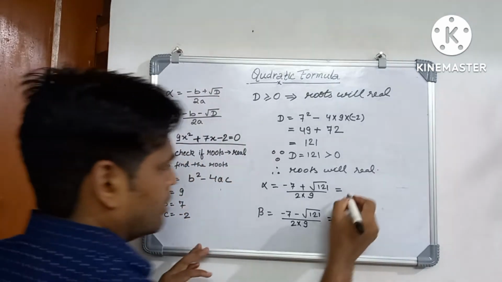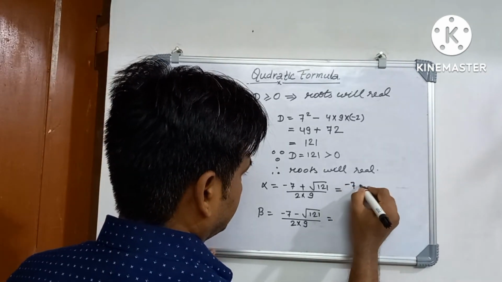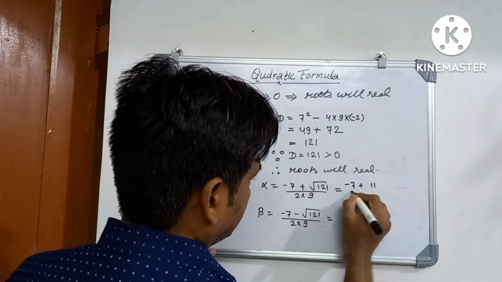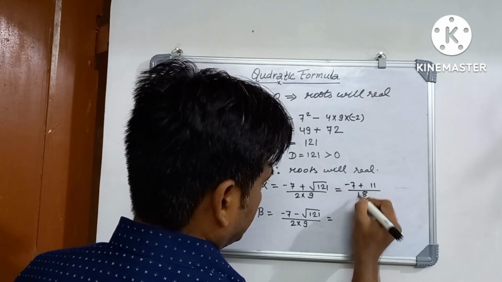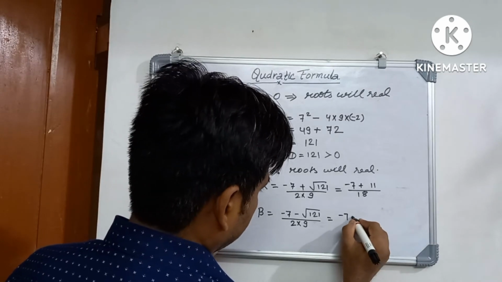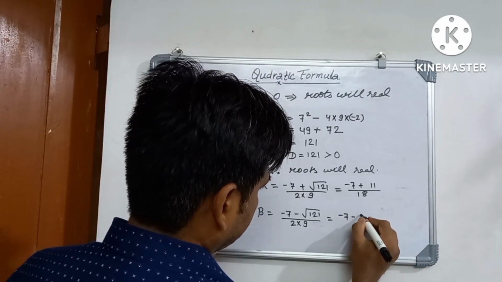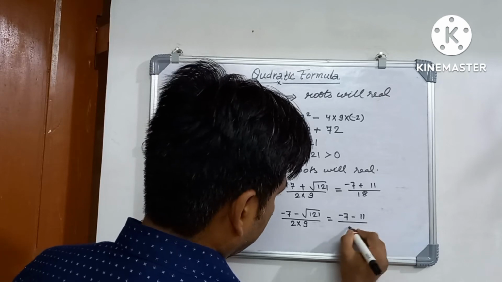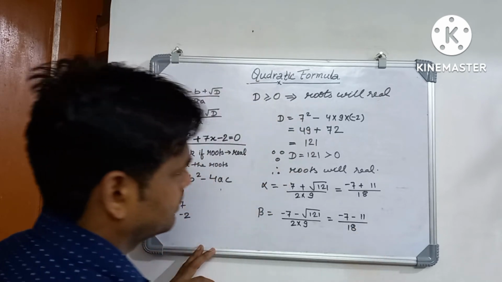So minus 7 plus 11, similarly minus 7 minus 11, upon 18.